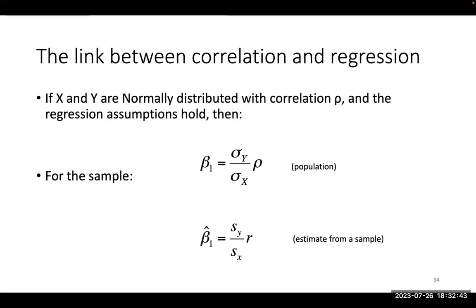The link between correlation and regression is where it's getting a little complicated. I don't want to go too deep into it, but basically when you take the standard deviation of y divided by the standard deviation of x and you multiply it by the correlation coefficient, you calculate your slope.